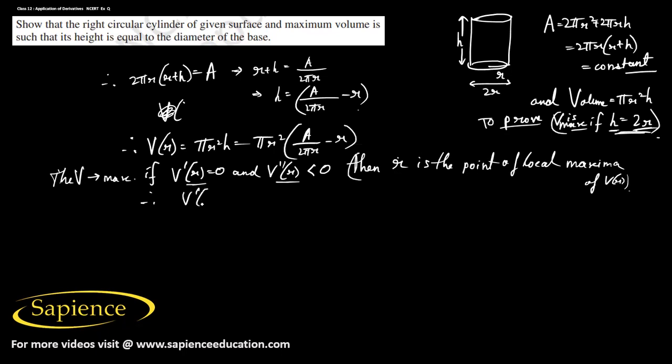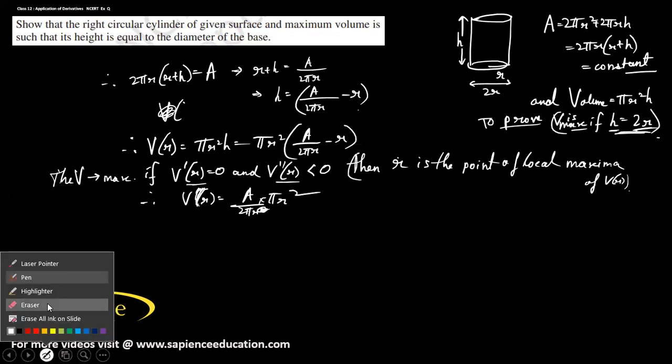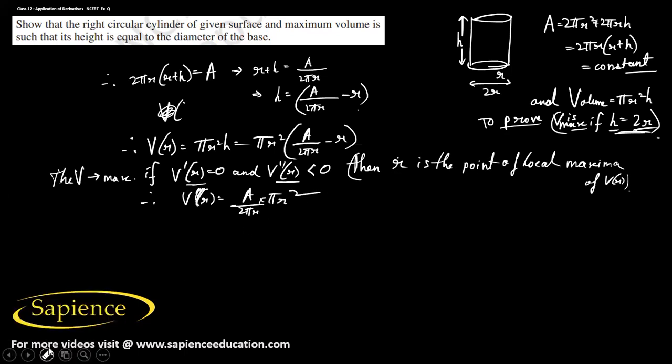So now, v of r, we have to first simplify it. This is a by 2 pi r into pi r square minus pi r cube. So pi will cancel, r will cancel.